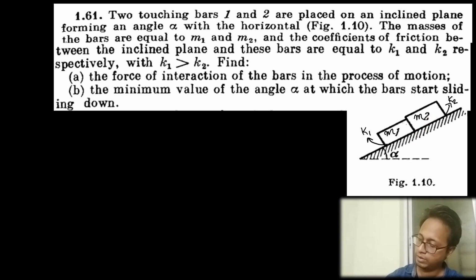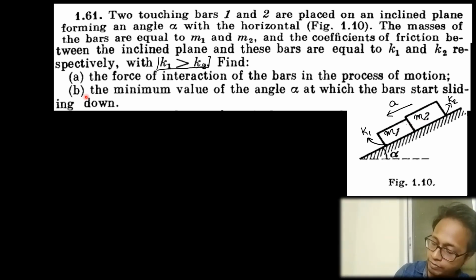They're moving with common acceleration a. Why common acceleration? Because here it is given that k1 is greater than k2. If k2 was greater than k1, there would be no common acceleration, and these two blocks would travel separately. Part 2 of the question is saying: find the minimum value of alpha at which the bar starts sliding down.